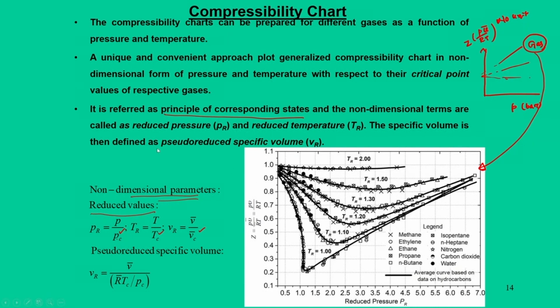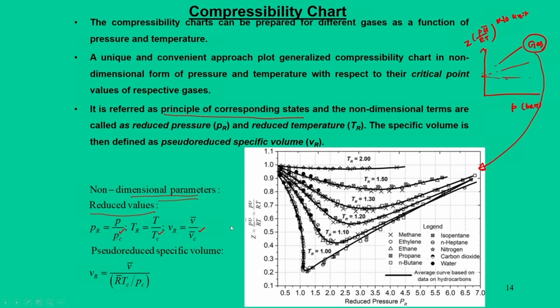Here is another term I need to emphasize: the pseudo reduced specific volume. Normally when you see this data, it is represented in the form of PR and TR, because PR and TR are calculated based on the critical values of the substance. But VR is calculated based on the molar specific volume and the critical pressure and temperature data.